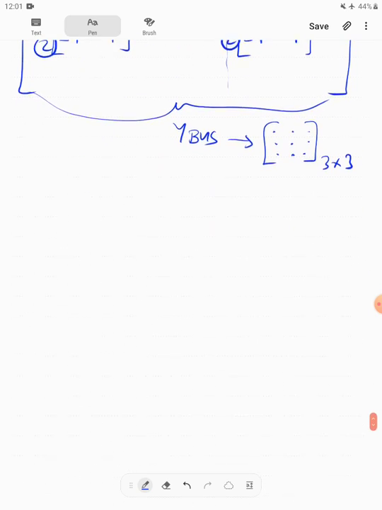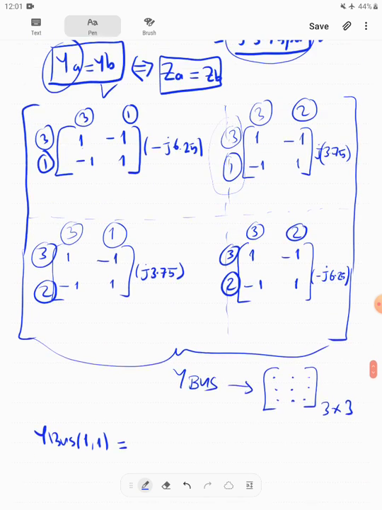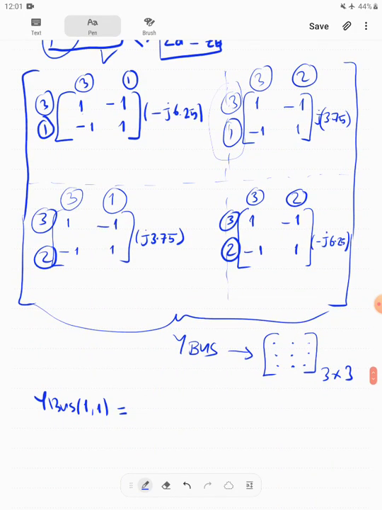For example, in order to write Y bus first row, first column, you have to combine these elements. For example, this one, because for this element, the row and the column number is 1 and 1.